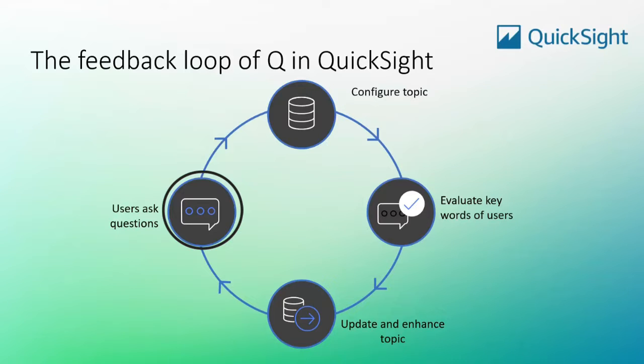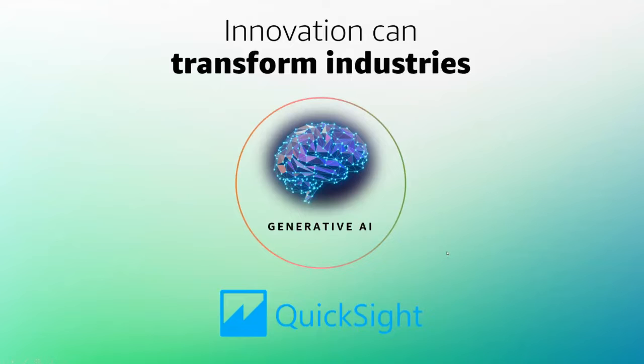Now it is in a more simplified form, and with this feedback loop mechanism, the topic can be constantly improved, and at one point it reaches the best shape possible.